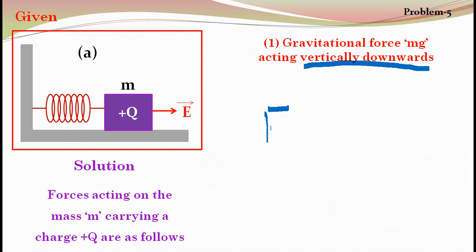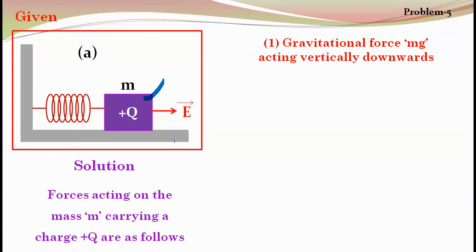As per Newton's second law, force is given by the formula F is equal to ma, mass into acceleration. If it is the gravitational force you are calculating, instead of a, I have to substitute acceleration due to gravity. Okay, right. So one force, the gravitational force, is going to act vertically downwards.